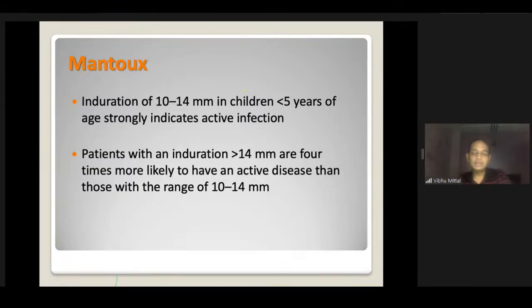In this setting, I'll be putting forward only 2 points here. It is neither sensitive nor specific to make a diagnosis. In small children, a positive Mantoux strongly indicates active inflammation, active infection. And for our practice, I'll say if it is a strongly positive Mantoux, the chances of this patient harboring an active disease would be slightly more.